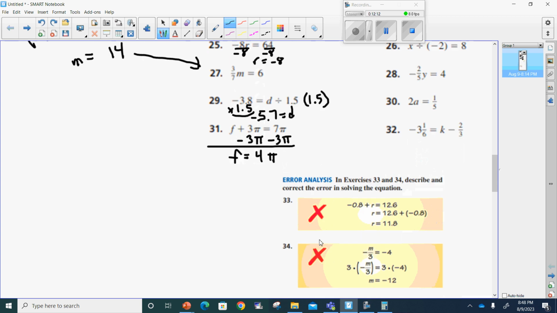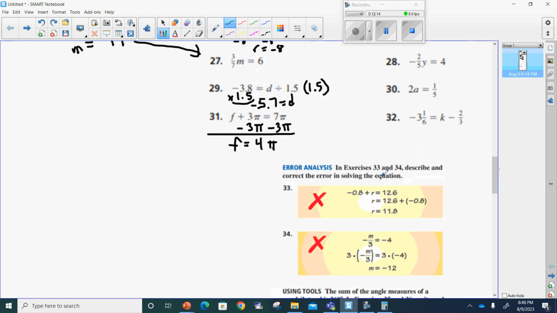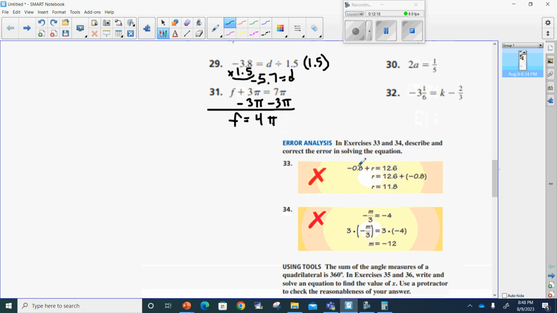All right, going to number 33, it says, describe and correct the error in solving. This equation says negative 0.8 plus r equals 12.6. They decided they were going to subtract negative 0.8 from both sides, and that's not what we do.